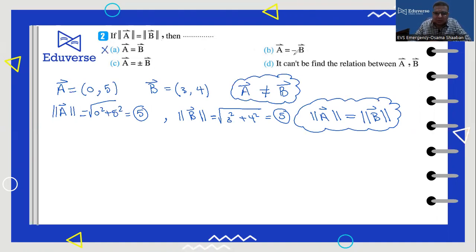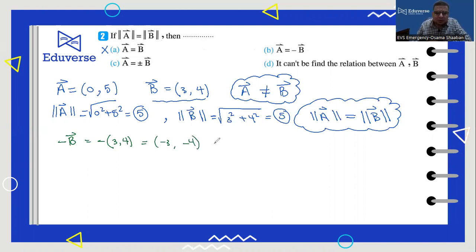Also, negative vector B equals negative 3, negative 4.